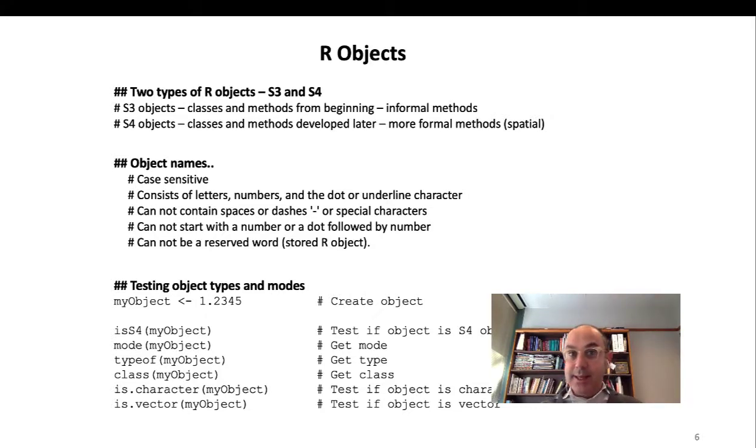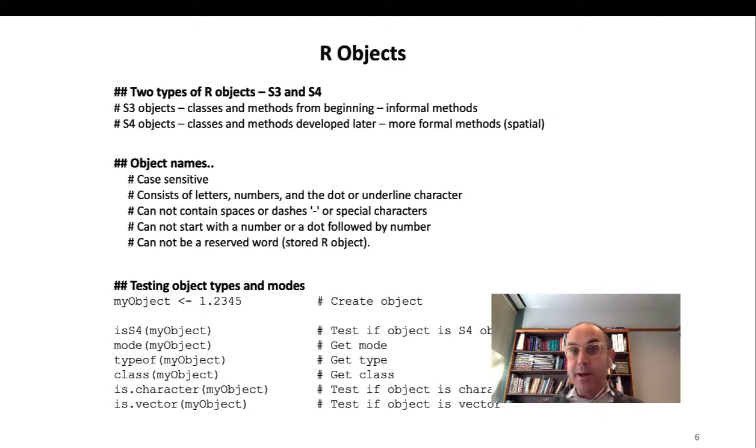And again, this is really important because from now on, you're going to see that we're going to exchange S3 and S4. S4 is the more modern element, but S3 has been around for a long time, so it's in common use. So S3 is a class and method from the beginning.